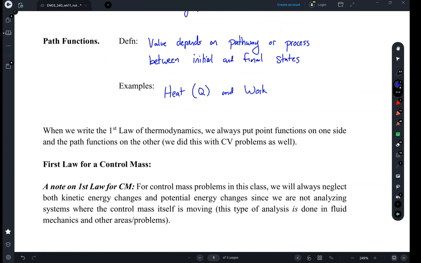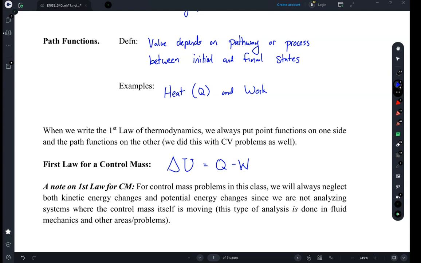Maybe something we haven't explained explicitly is we've always put these two on different sides of our energy balance equation. So we've had equations that look something like this. This is going to be our equation for control masses, where there's deltas on one side and then Q and W on the other side. Our energy balance for control masses is going to be a little bit simpler, at least in how we typically write it.